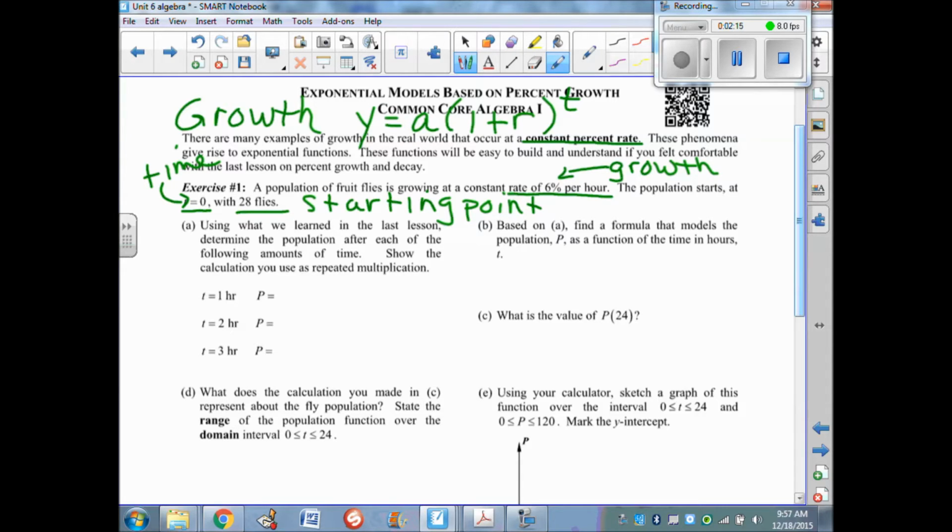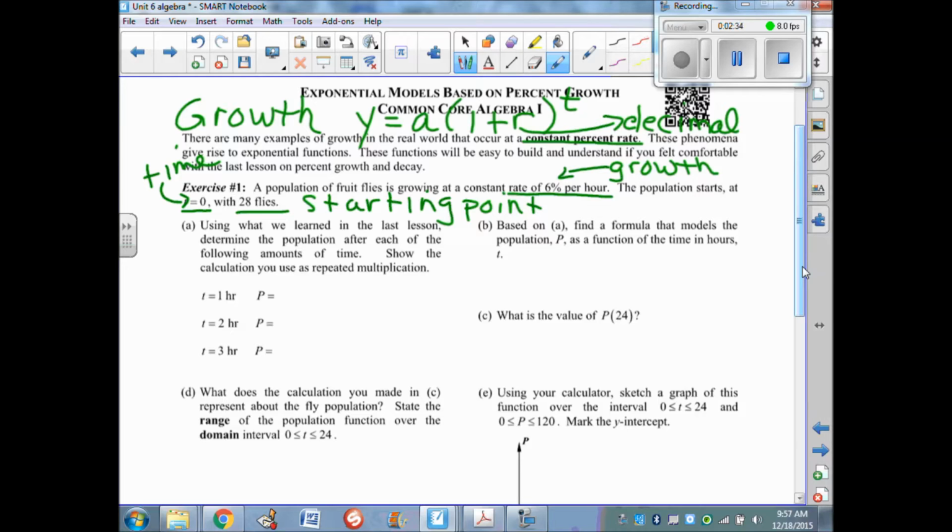A is your initial amount times 1 plus your rate, and that rate has to be expressed as a decimal, plus that 100%, raised to the time t, or your t power.